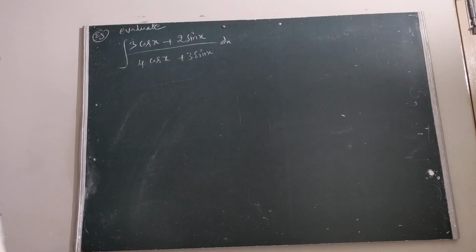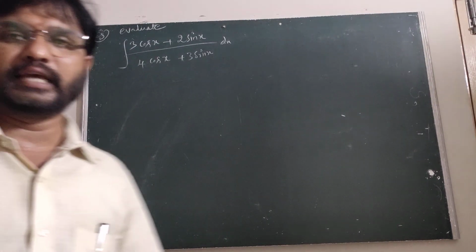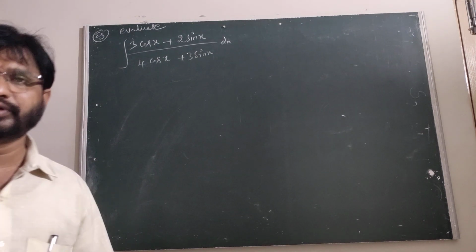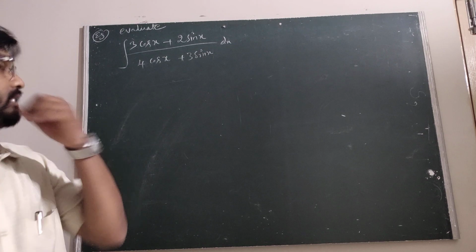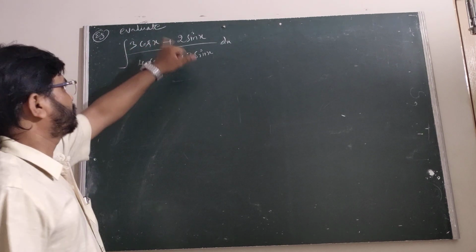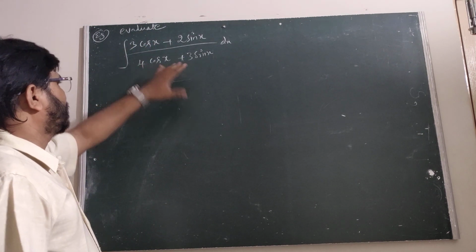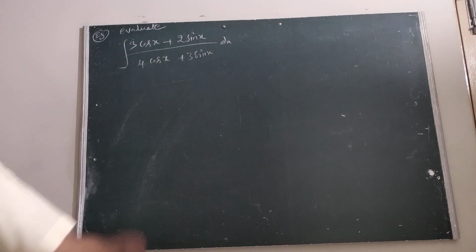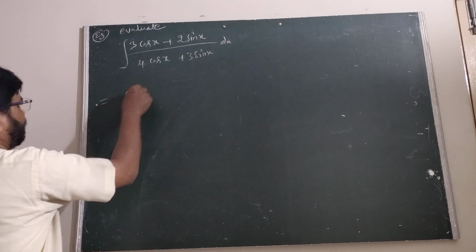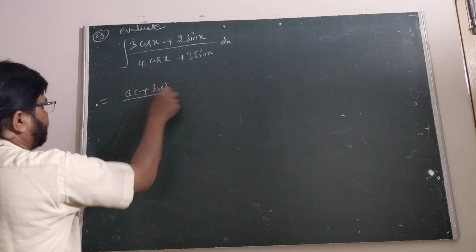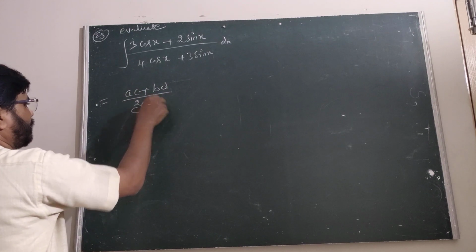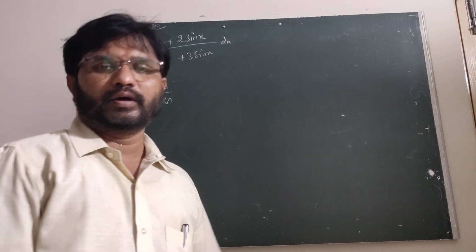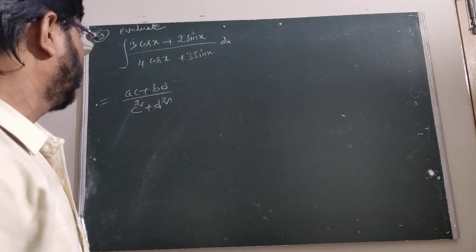Evaluate the integral 3 cos x plus 2 sin x upon 4 cos x plus 3 sin x into dx. Okay, this is of the form a cos x plus b sin x upon c cos x plus d sin x. Just now we completed this form.